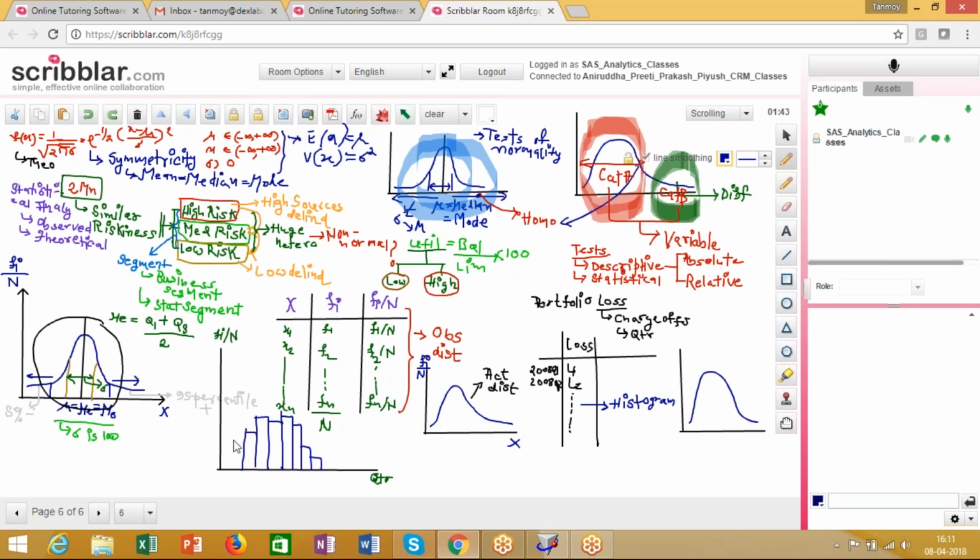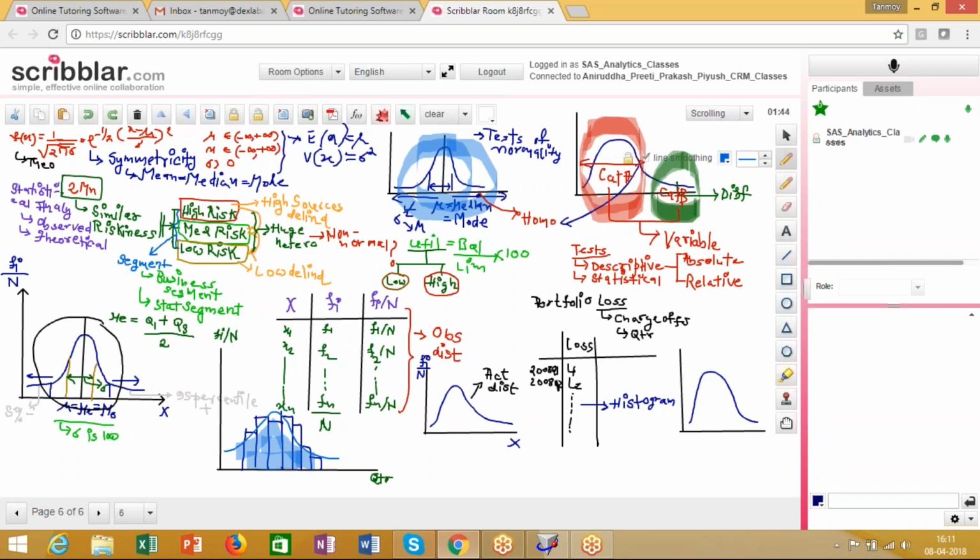Now this is my observed distribution, right? So the next part that happens is I take out my theoretical distribution, which is the normal curve, and I place this curve over. After doing this, what I can see is that there is a substantial part of the observed distribution which lies below this curve.